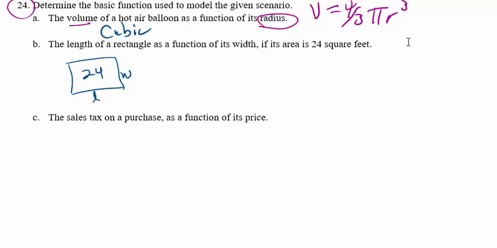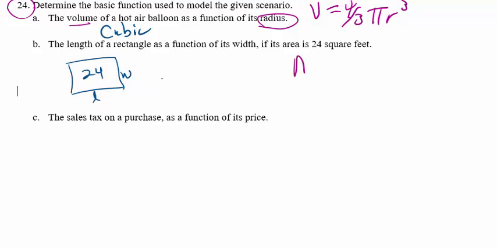If the width is 3, the length would be 8. If the width is 4, the length is 6. So if the width gets bigger, the length gets smaller, or vice versa. So we have an idea that we're talking about a decreasing function.